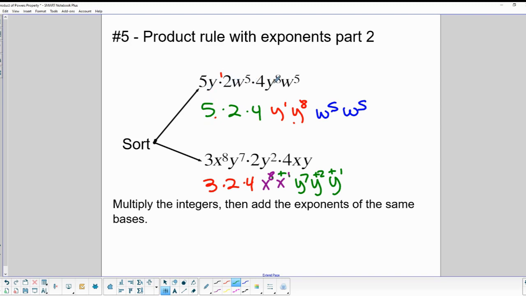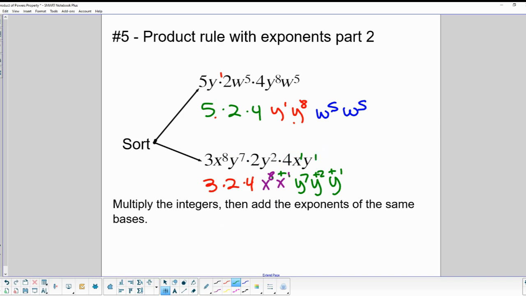So I got 5 times 2 times 4, and y to the first times y to the 8th, w to the 5th times w to the 5th. Down on the second one, I've got 3 times 2 times 4. I've got x to the 8th and x to the 1st right there. And y to the 7th, y to the 2nd, and y to the 1st.